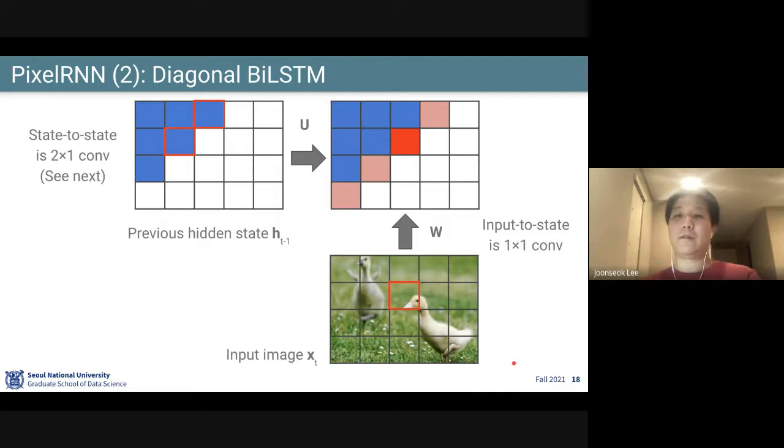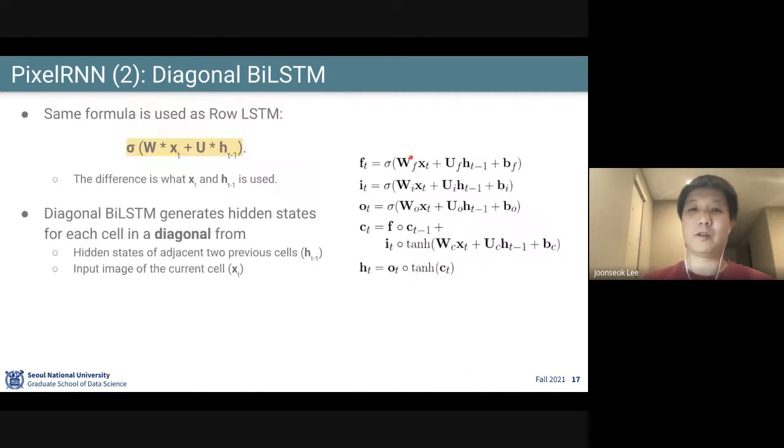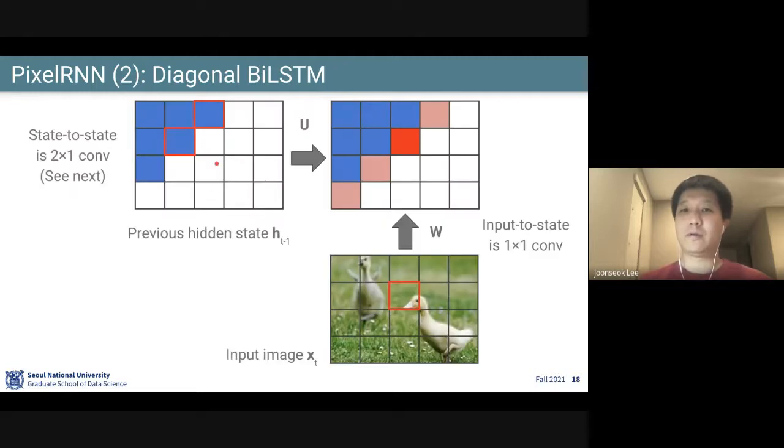Again, they take the actual input, x_t, and the previous hidden states, which means the hidden states of the previously generated pixels, and the value for a particular pixel will be determined based on those 2 by convolving with the linear weights like W and U. So they generate diagonally. At the very first, they generate this one, and then these 2, and then these 3, and then these 4, in that way.